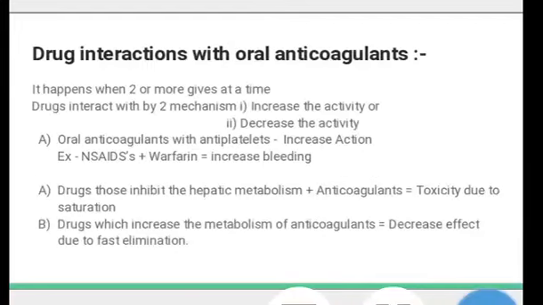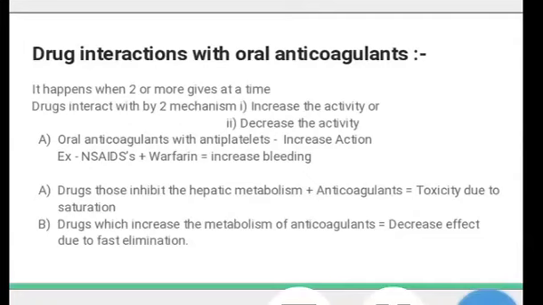Then drug interactions. Which are the drug interactions with oral anticoagulants? Drug interaction generally happens when two or more drugs are given at a time. Some drugs react with each other, and then it either decreases the activity of the other drug or it may increase the activity of other drugs.